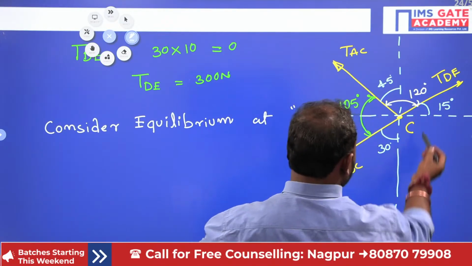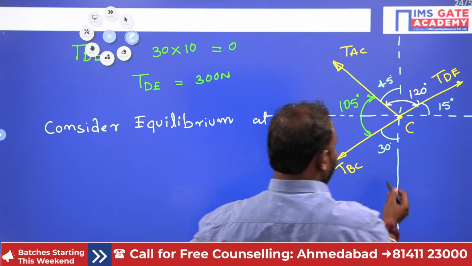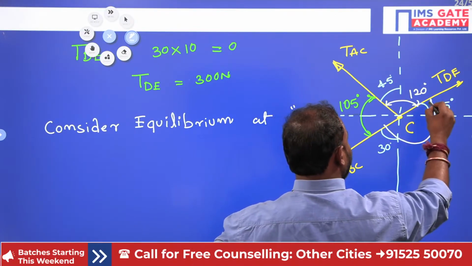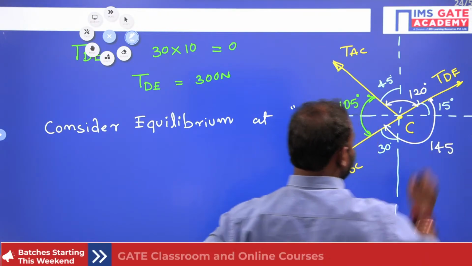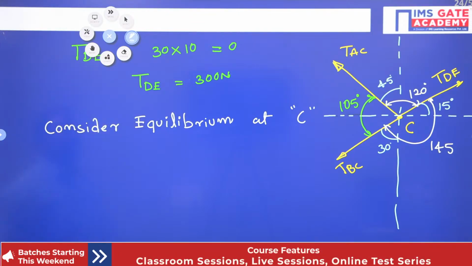After that it is going to be 15 plus 90, 105. 105 plus 30, it is 135. Right. Now let's write Lami's theorem and find out that particular one.